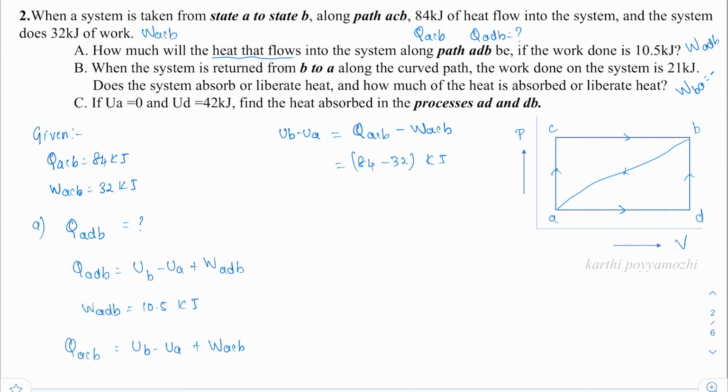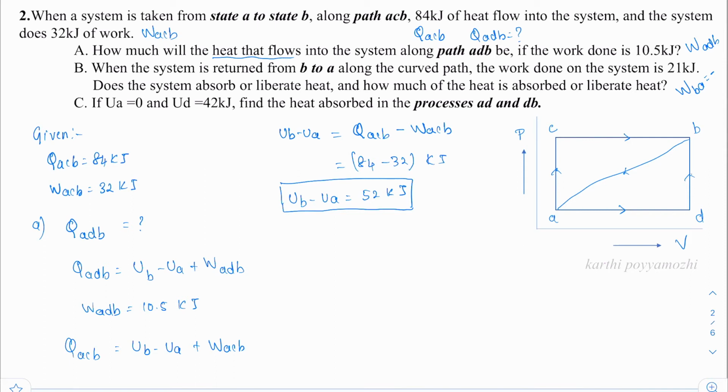Okay, and UB minus UA will be equal to 52 kilojoule, and we have found out the value of change in internal energy for the process A to B.